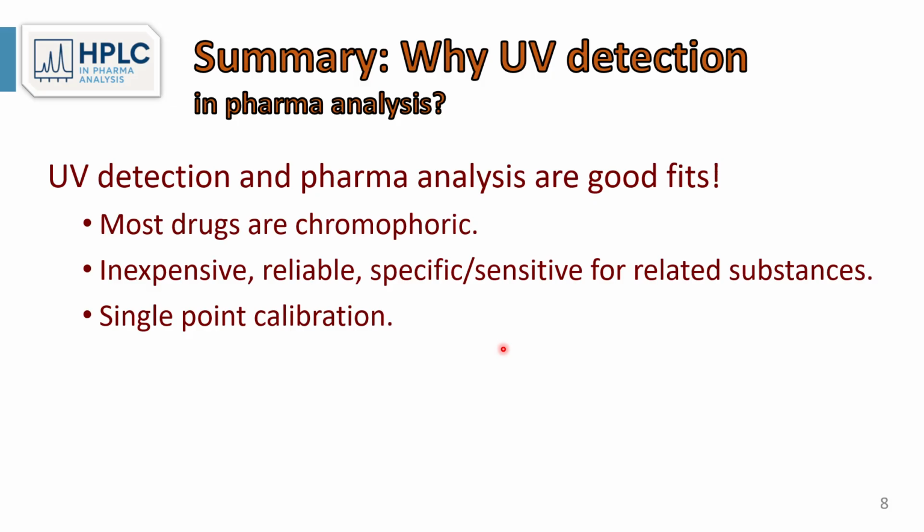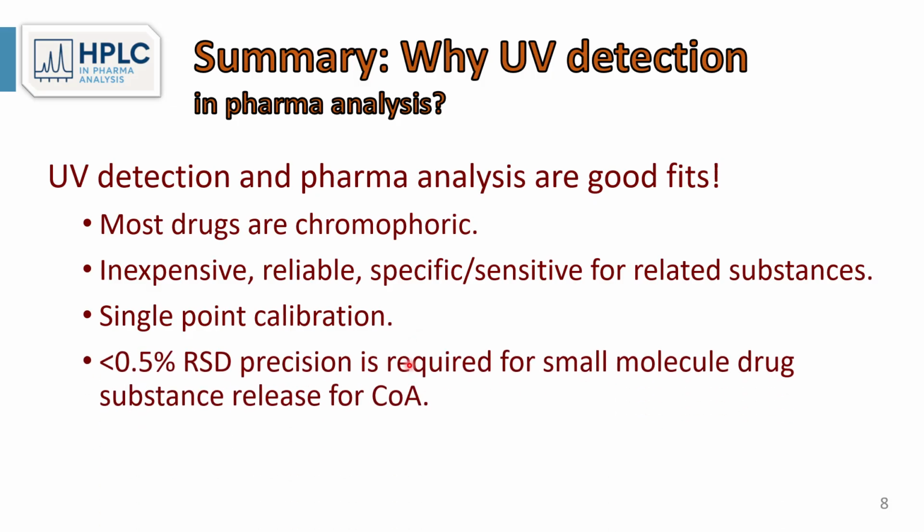It supports single point calibration, making it very convenient without the need to go to multi-level nonlinear calibration. Finally, a performance for precision of less than 0.5% RSD is really required for small molecule drug substance release testing for the generation of CoAs, standing for Certificate of Analysis.